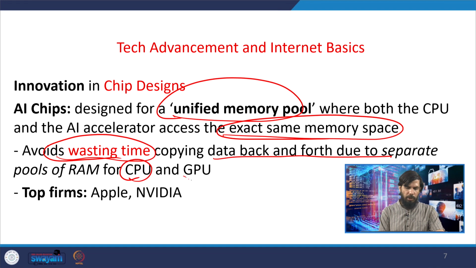So whenever some computing is more suitable for the GPU, a copy of that data has to be made from CPU RAM to GPU RAM, and that takes a lot more time. If a unified memory pool is there, then both can access the same RAM, and therefore the extra time taken in copying data back and forth can be avoided.